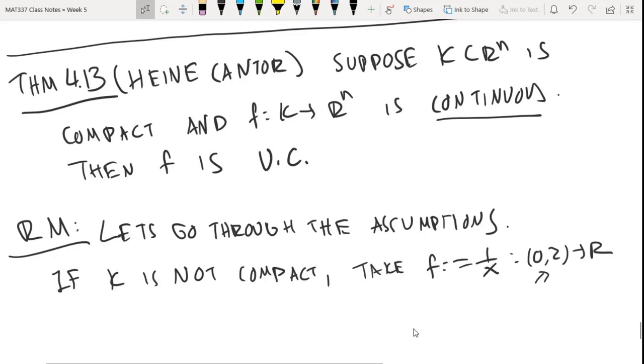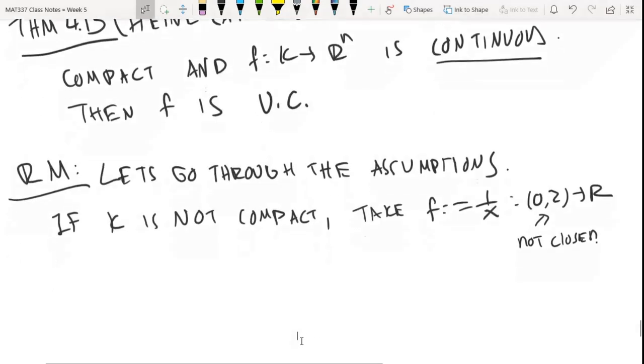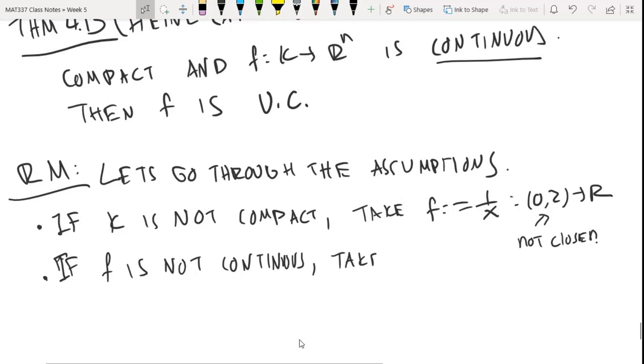This is not compact, not closed. If f is not continuous, I think same example, just take the same function, but on the closed interval [0, 2]. So this set is compact.